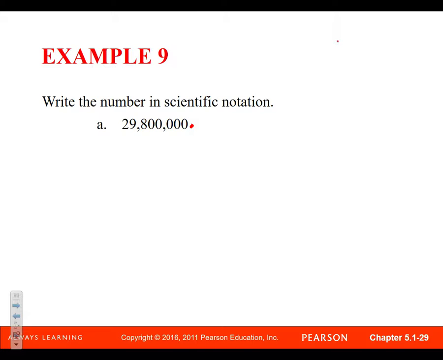A digit that's not a 0. So, that's a 0, that's a 0, that's a 0, that's a 0, that's a 0, that's not a 0. But is it the first one? No. We read left to right. So the first non-zero digit is this 2. So we need to move this all the way here as 2.98 times 10 to some power.